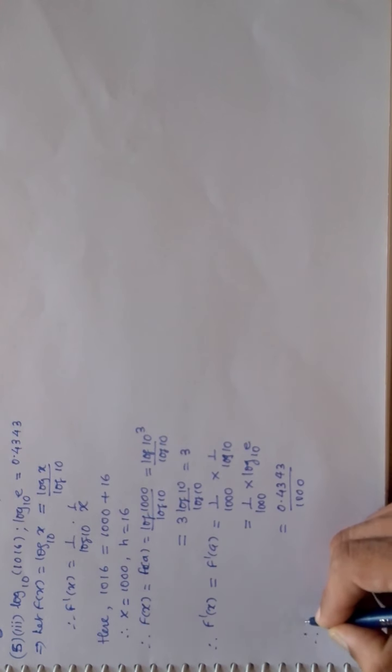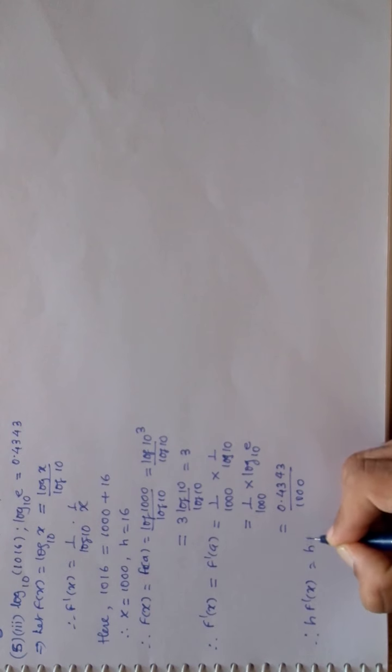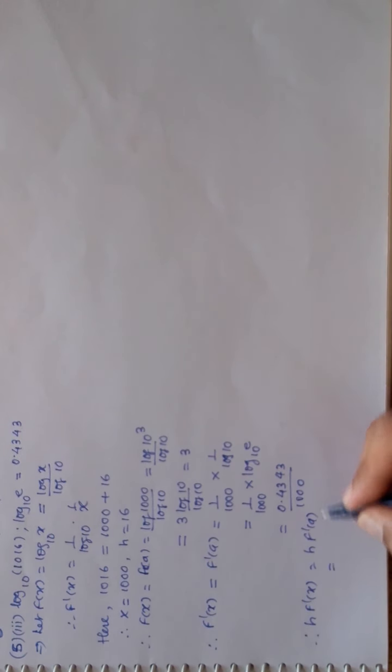Now you multiply this as h into f dash a. H is your 16 into 0.4343 by 1000. Now this we will be solving, becomes 0.00695.